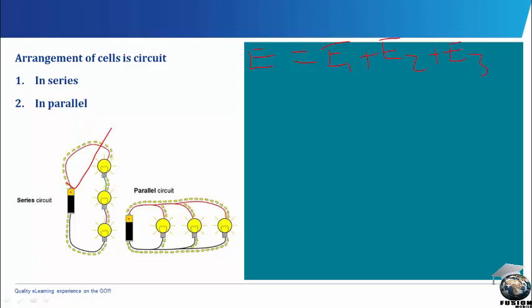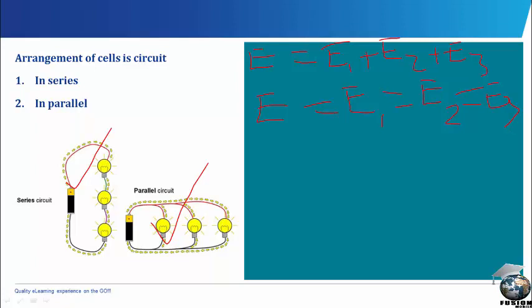But in parallel arrangements, it's not the same. Whenever cells are arranged in parallel, it simply means that the total cell will have the same value as each of those cells. Example, the diagram here, parallel circuits, we have it that E total will be equal to E1 and will be equal to E2 and also will be equal to E3.